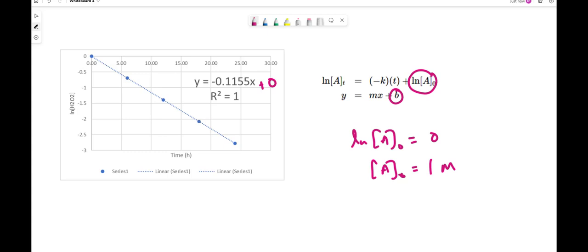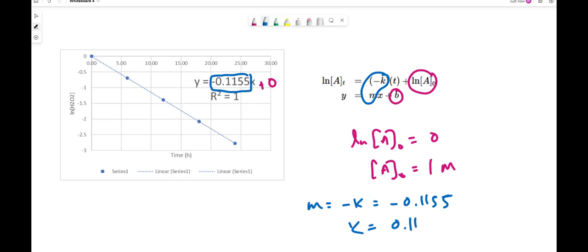Similarly, we know that our slope here is minus 0.1155, and slope is equal to minus k. So m is equal to minus k, which is equal to minus 0.1155. So that means k is equal to 0.1155. That's where those negatives cancel.